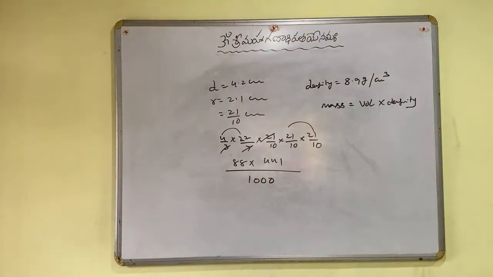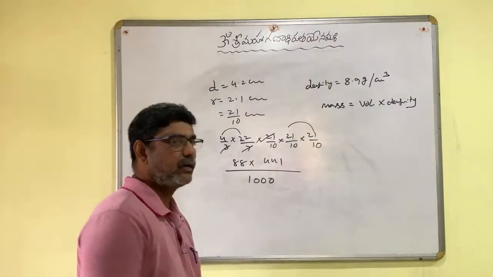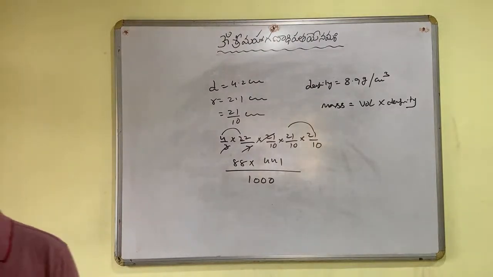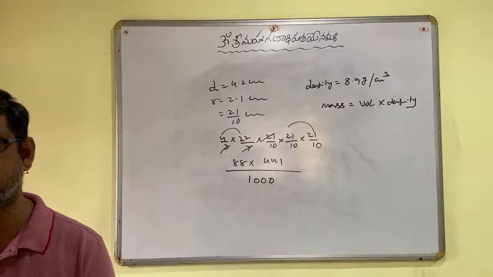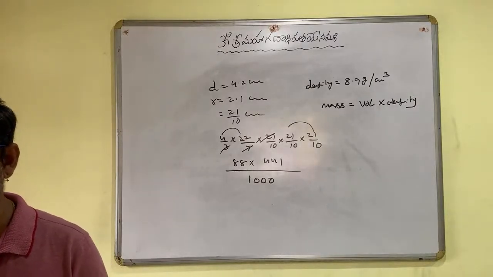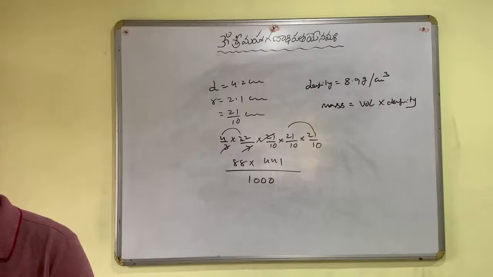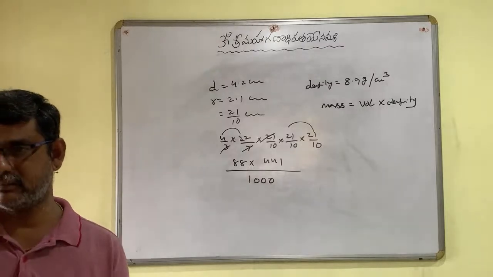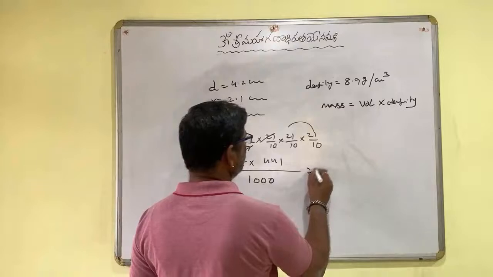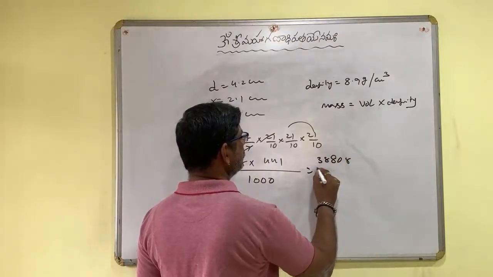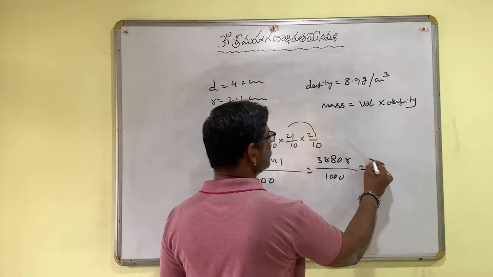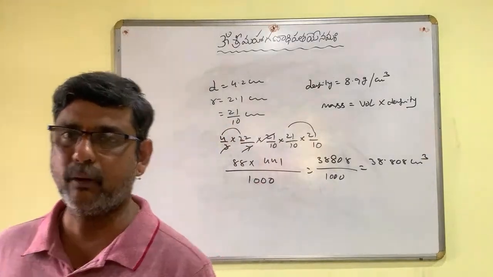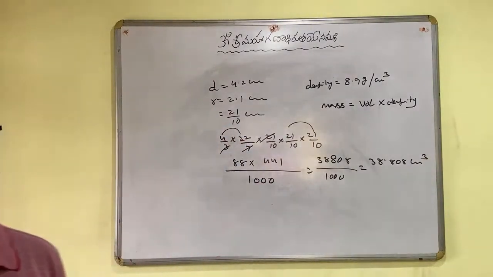Do it, children. 88 into 441 is 38808. 38808 by 1000, so it is 38.808 centimeter cube. Okay.